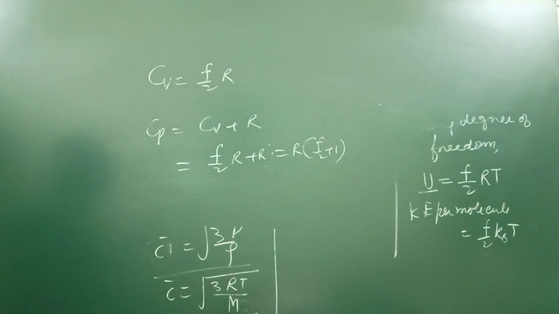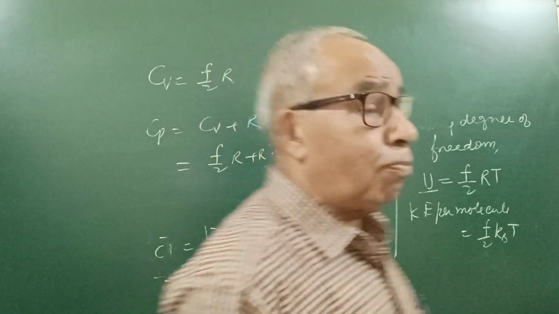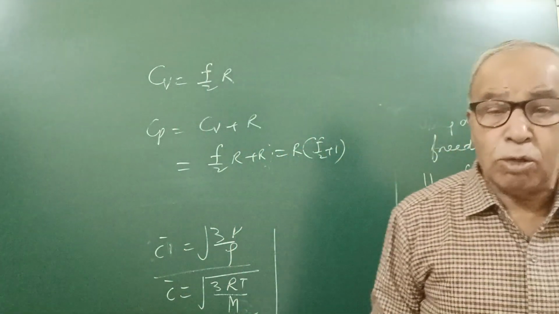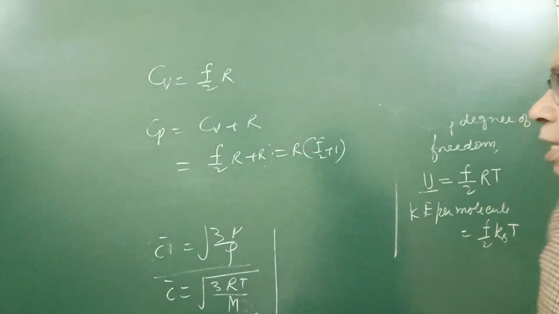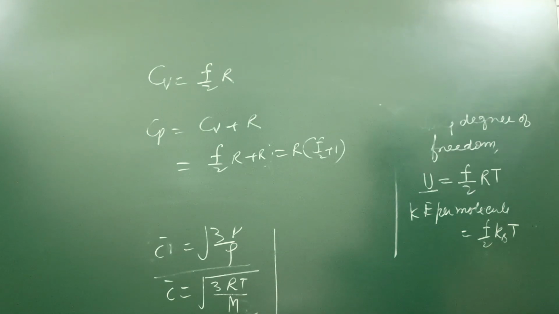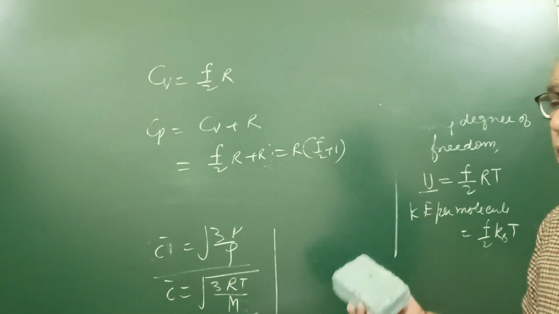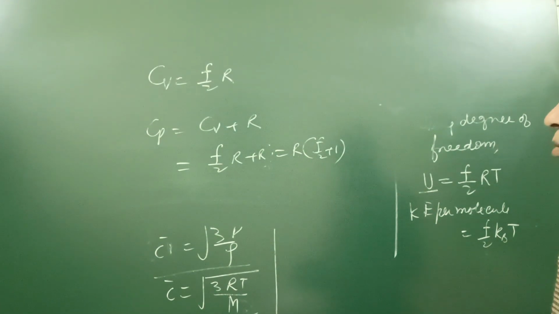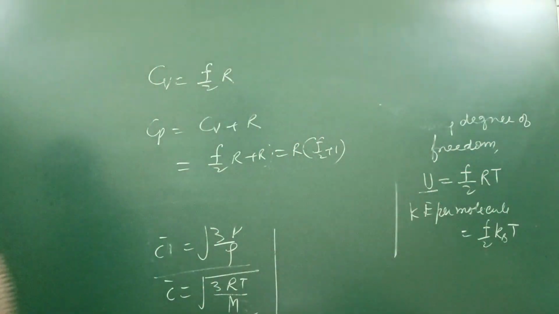So we have to take care whether the gas is monoatomic, diatomic or polyatomic while considering the values of Cp and Cv. There are many mistakes in books. I found this when I started solving problems of competitive exams.